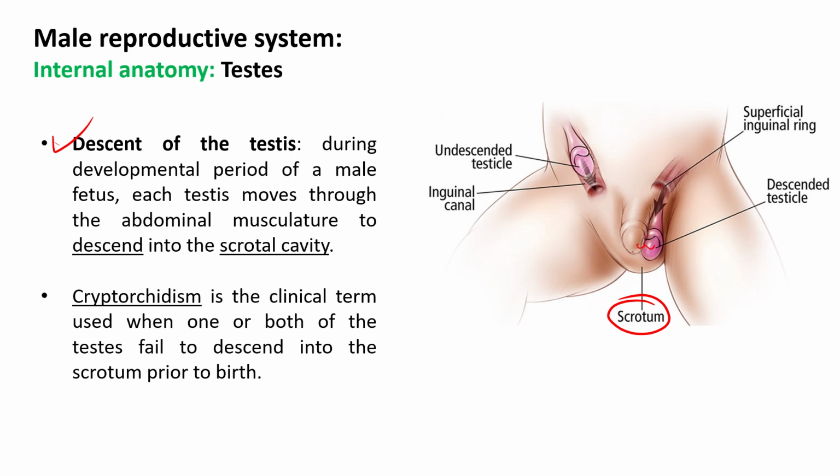Now, the clinical relevance of this is that undescended testicles can be problematic in a baby. So part of the screening in a newborn, right after the baby is born, in practice, there are many things that we look at, right?